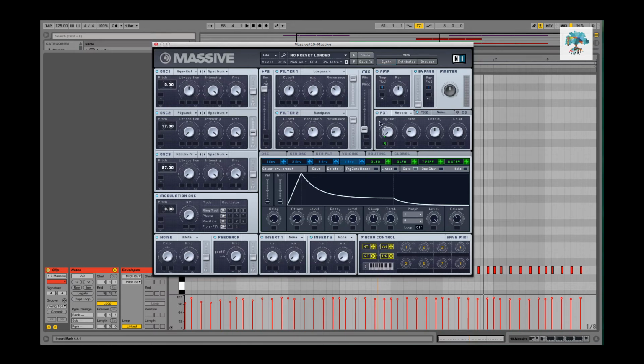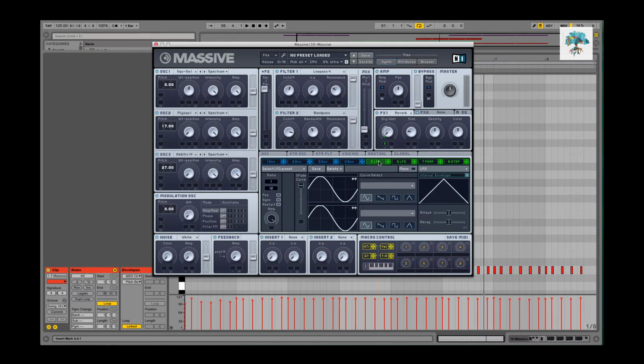And then after that I added reverb on to this, and this is another thing I've been doing. This doesn't even really do much, it just adds a little bit of space.